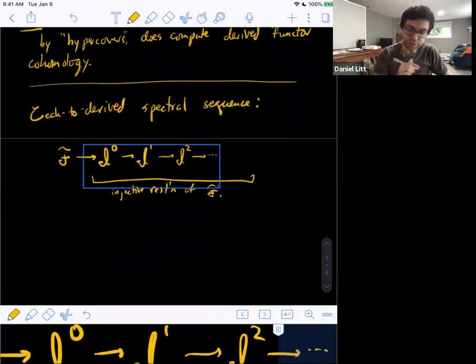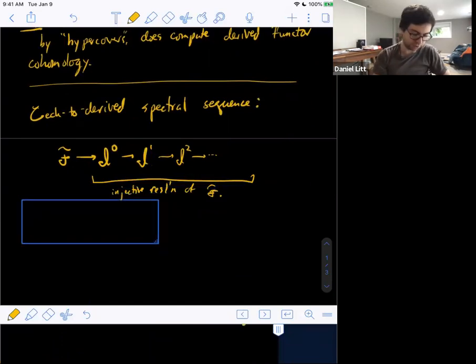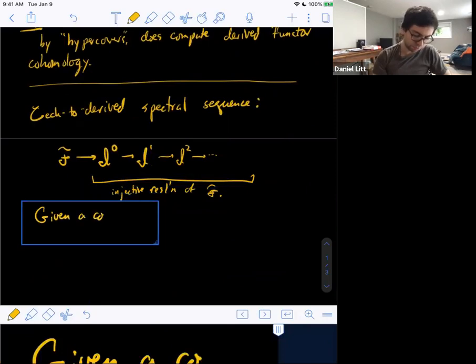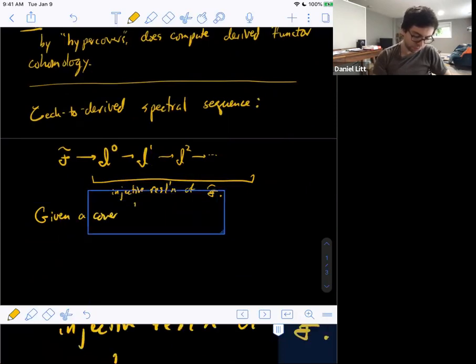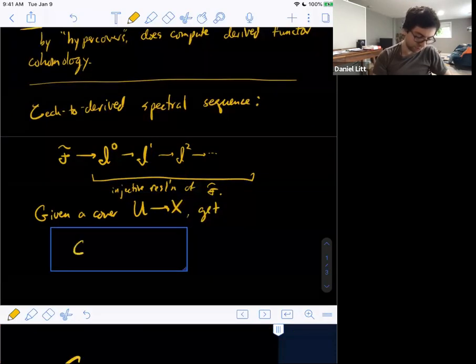Each of these things are sheaves, and the Čech complex is a functor. So we can make a double complex out of this complex by applying the Čech complex functor. So given a cover U to X, we can get a sequence of complexes.